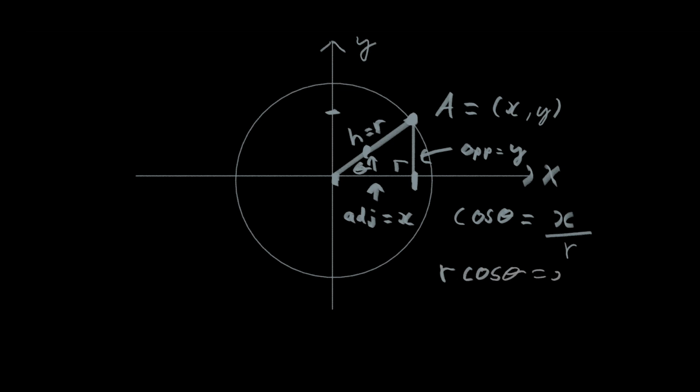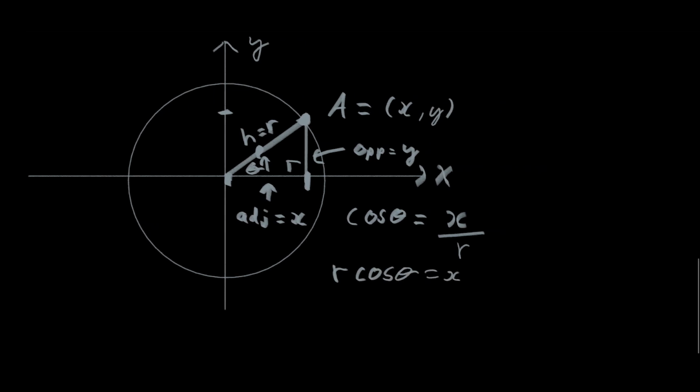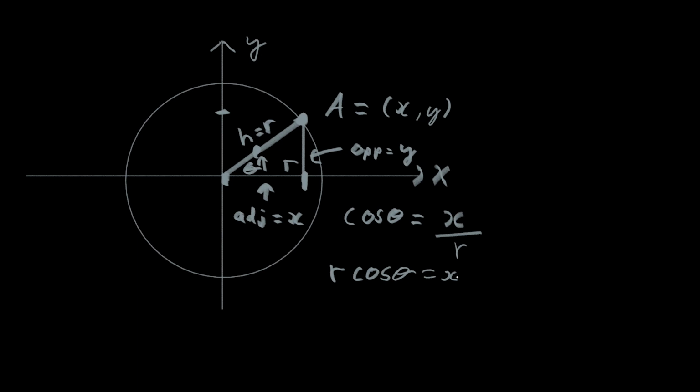Now for sine, the sine of theta would be equal to the opposite over the hypotenuse. The opposite side to our angle theta is just a side length of y, over the hypotenuse, which you can also interpret as r, because the radius of that bigger circle is not a unit circle. Sine of theta no longer equals y like it does on a unit circle.